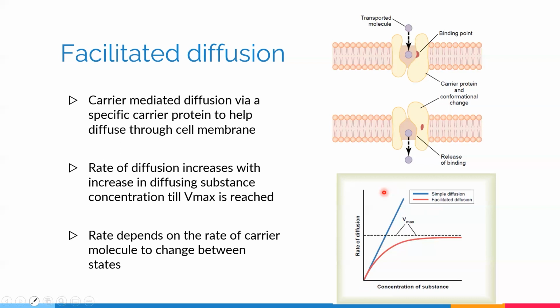But in case of facilitated diffusion, we have a Vmax, or a maximum limit to the rate of diffusion, which depends on this particular phenomenon, wherein the carrier protein changes between states. So if the carrier protein changes its state very fast, then we will have a higher Vmax. Whereas if the carrier protein is slow between changing back from the release state to the binding state, then we will have a low Vmax.